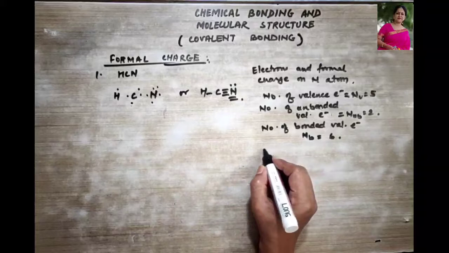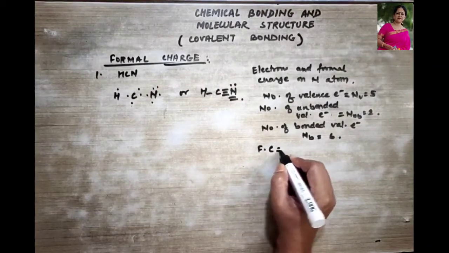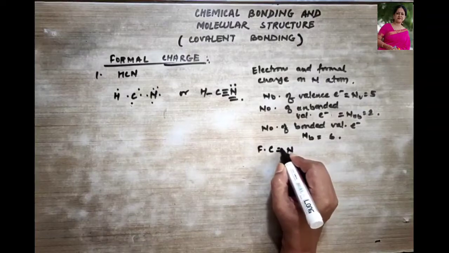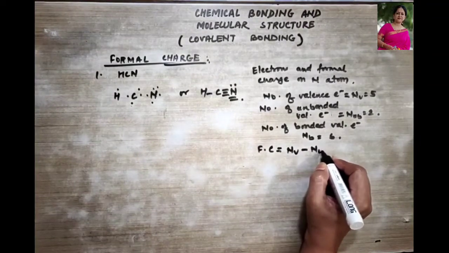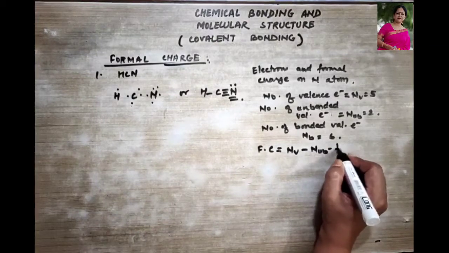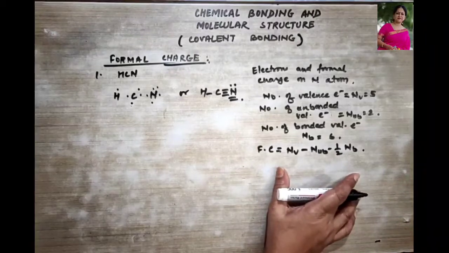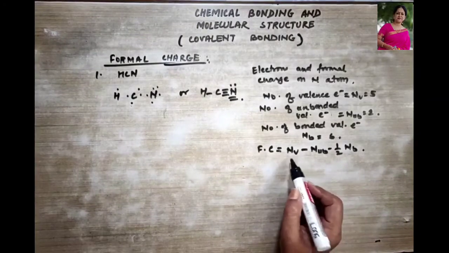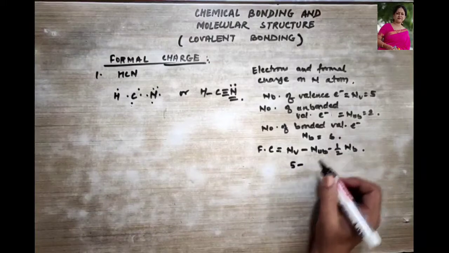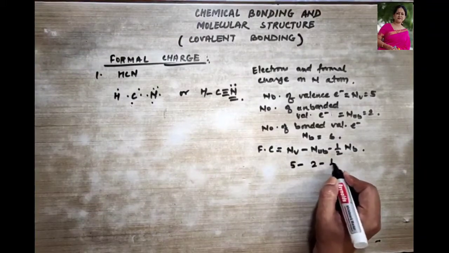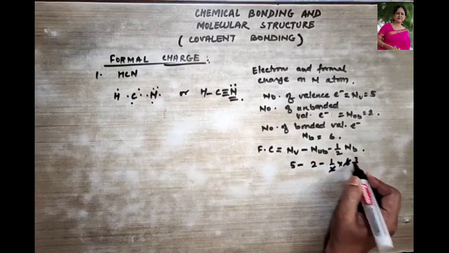Now what is the formula? What formula did I tell you? Formal charge is equal to NV minus NUB minus half NB. This was the formula given to you. So let's write down: NV is 5, minus NUB, 2, minus half into 6, which is 3.